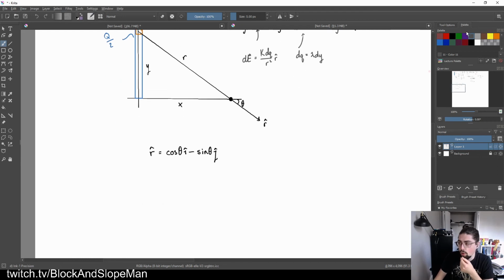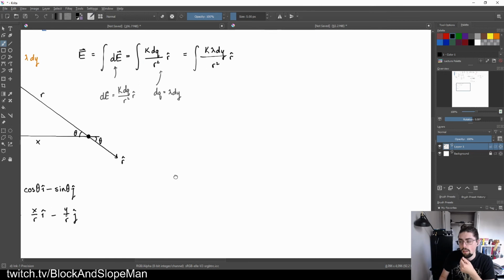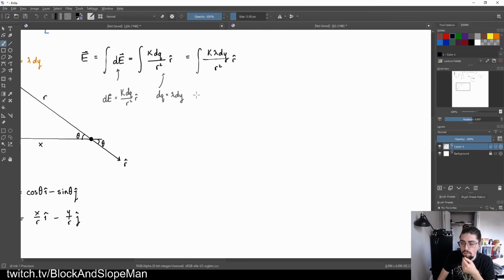But what I'm going to say is, okay, well, r hat, we see cosine theta i hat minus sine theta j hat. We know that if this is just a big triangle, and this angle right here is theta, then cosine of theta is actually x over r. Sine of theta is actually y over r. Plug both of those in.